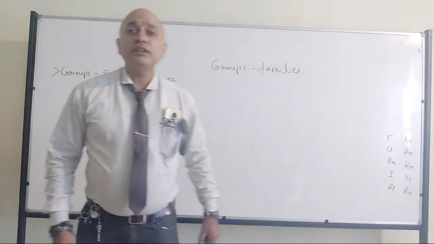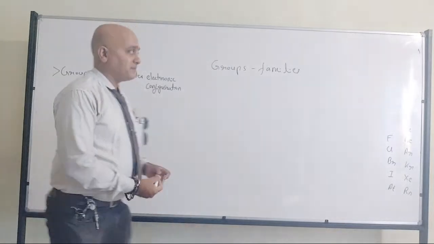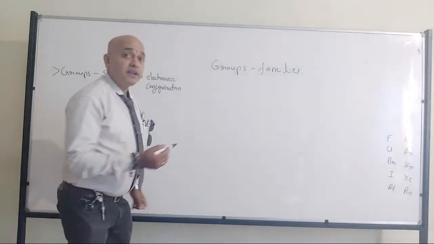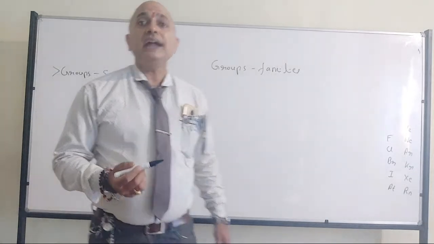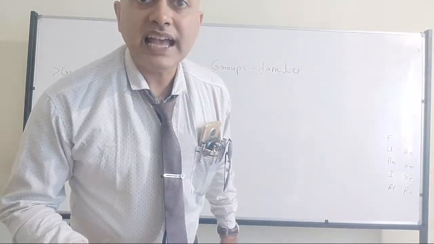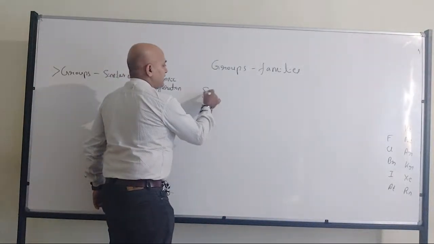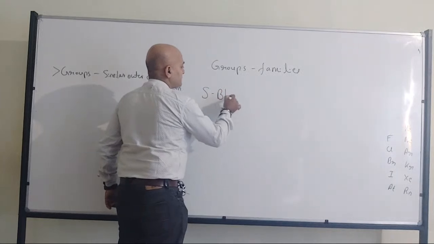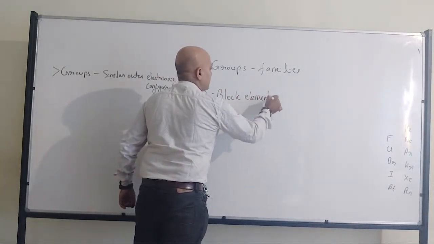Same way, your periodic table has been classified into different blocks, depending on the s subshell, p subshell, d subshell and f subshell. Yes, as Achita has written, we have s block elements.